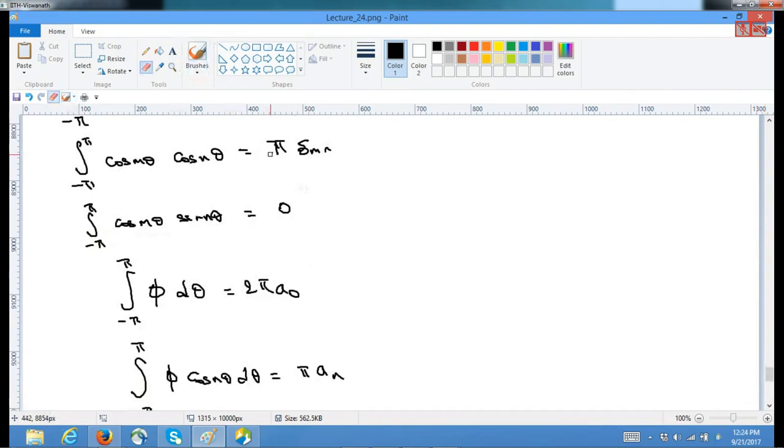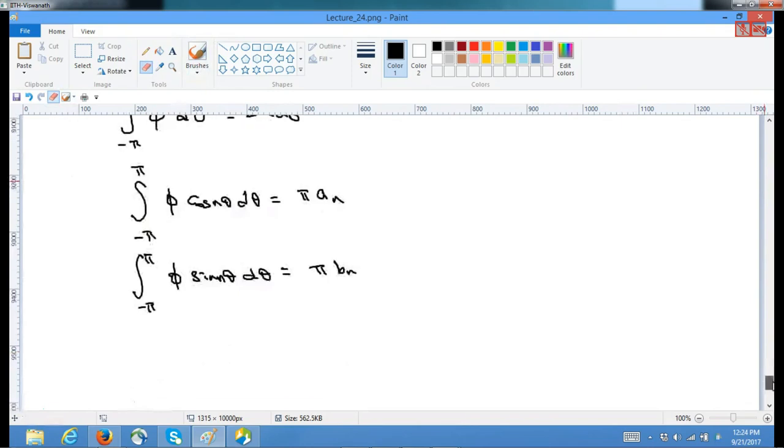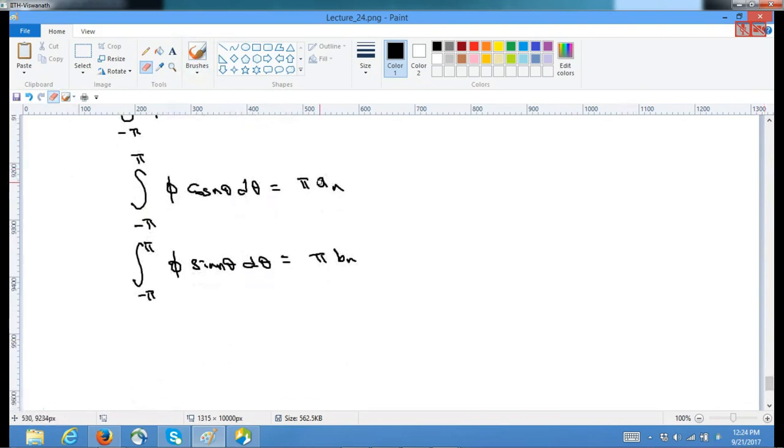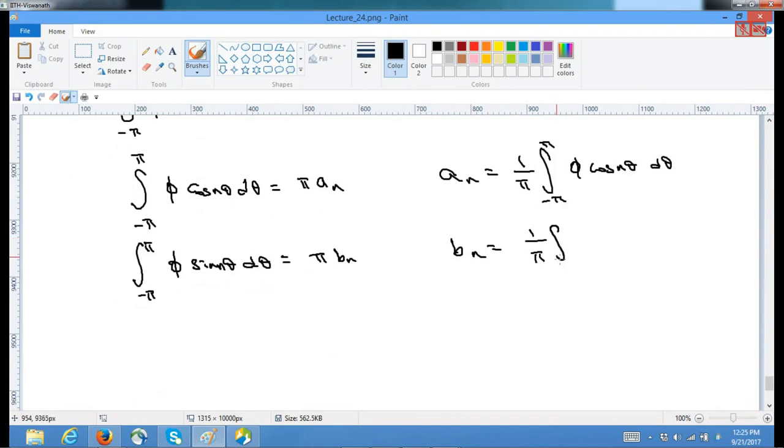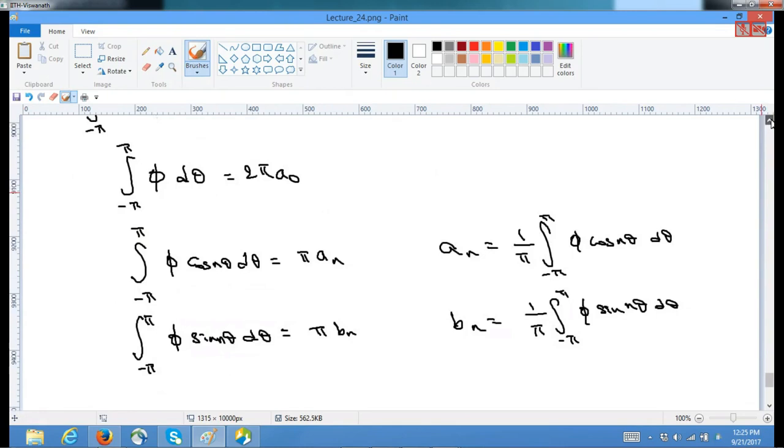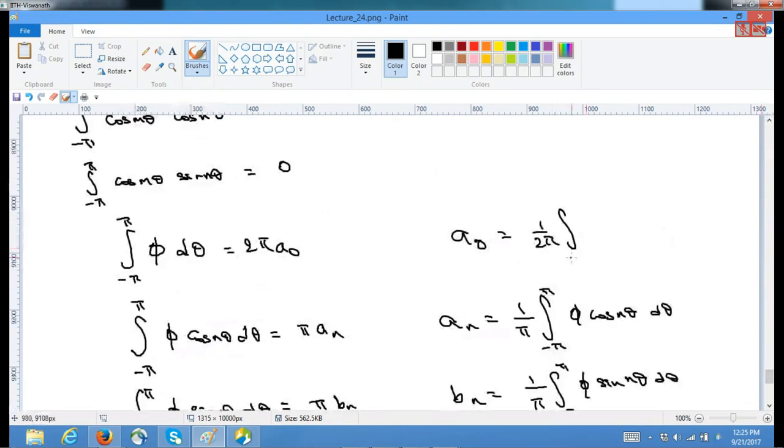By this feature, we can determine our projections a n and b n. So my a n is given by 1 by pi times the integral from minus pi to pi of phi cos n theta d theta, and my b n is given by 1 by pi times the integral from minus pi to pi of phi sin n theta d theta, and my a naught is 1 by 2 pi times the integral from minus pi to pi of phi d theta.